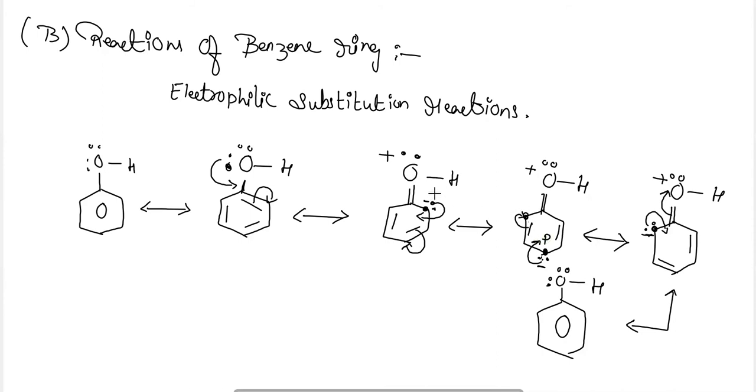So the ortho and para directive products can be found when electrophilic substitution of phenol is done.